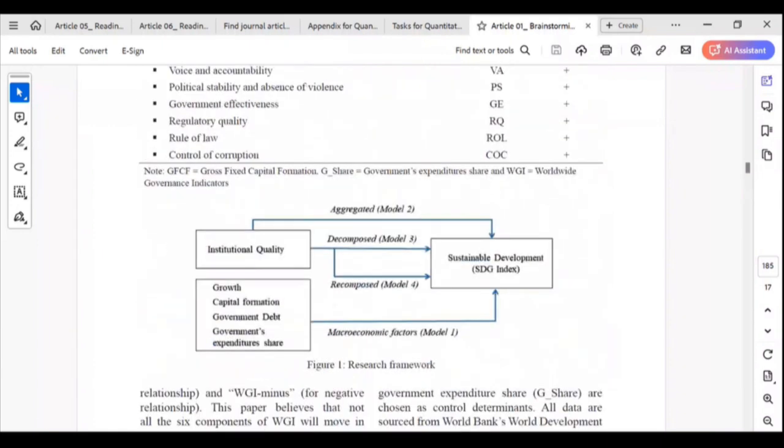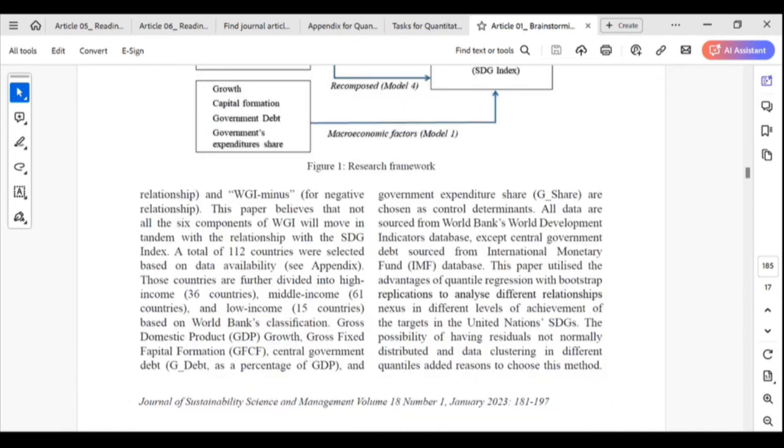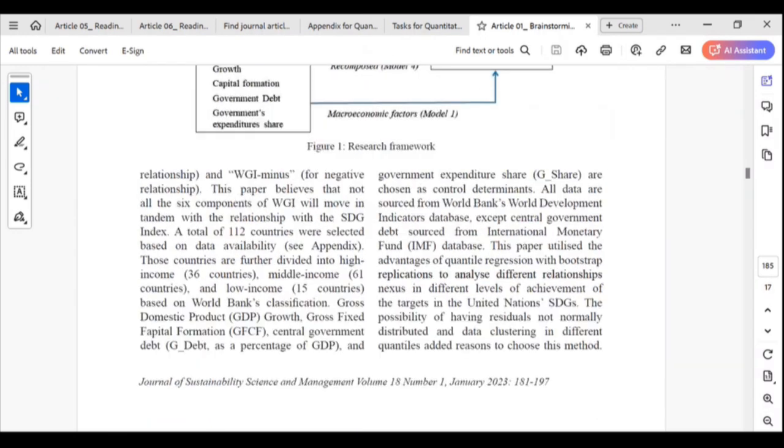For example, if you're at a very low development, growth will be very important, right? Once you have growth, then you are good at everything. But when you already achieve a very high sustainable development, maybe institutional quality is more important, right? Or compared to when you are in the middle. So that's why here the theoretical consideration is important for you to select the best model, everything. Okay.